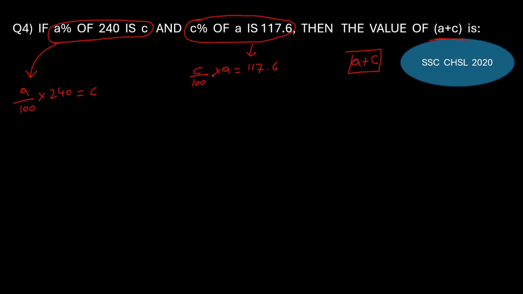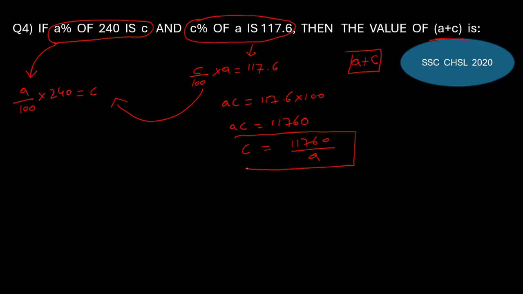So from this equation, let us find C and substitute that C in the other equation. A into C gives 117.6 into 100. So A into C equals 11760, and C equals 11760 upon A. Substitute this value of C in the first equation.